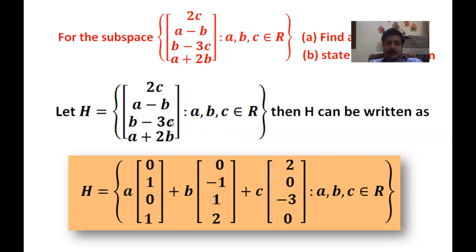So the given subspace H can be written in this form, where A, B, C are real numbers. So if these three are our vectors V1, V2, V3, then H is in the form of A V1 plus B V2 plus C V3, where A, B, C are scalars, real numbers.